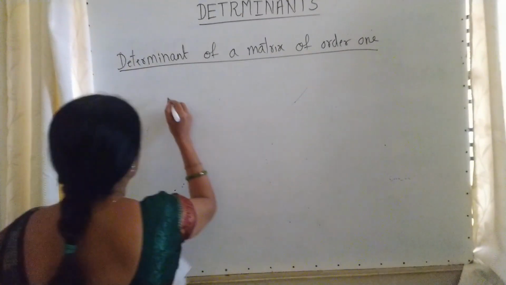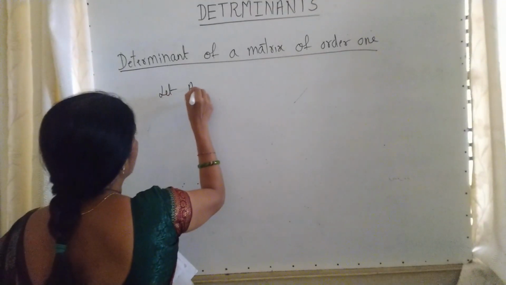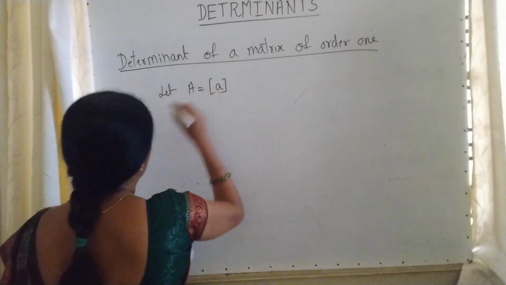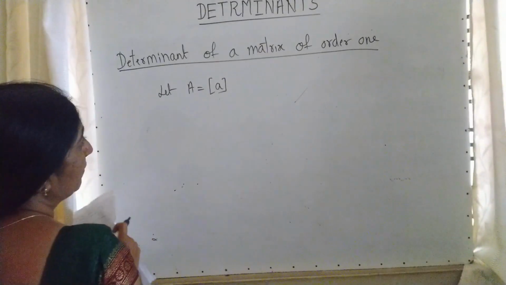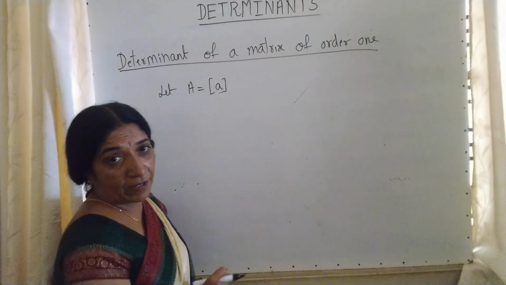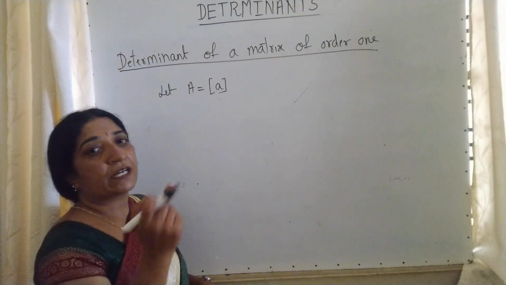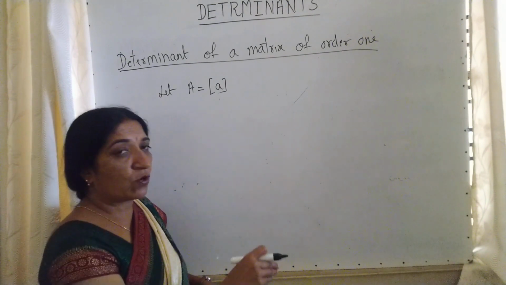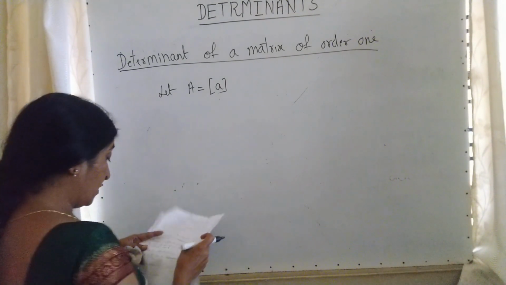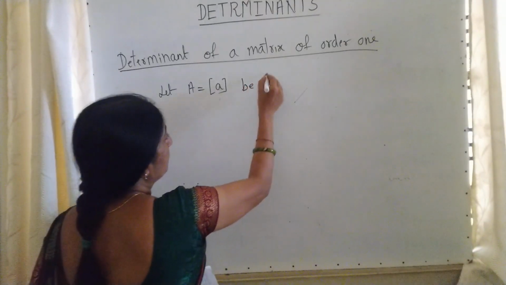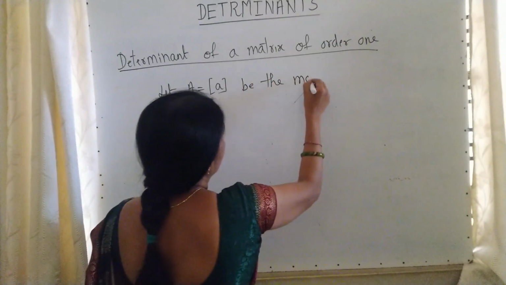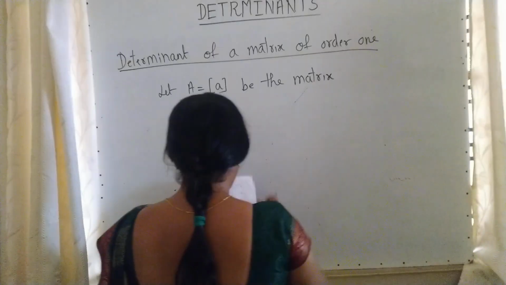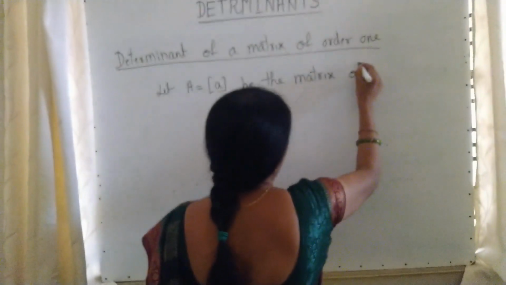Here we are writing a matrix having only one element. See, is it a matrix having only one element or what? And is it a square matrix or what? Yes. Why? It contains one element, one row and one column. That is 1 by 1. Let A be the matrix of order 1.